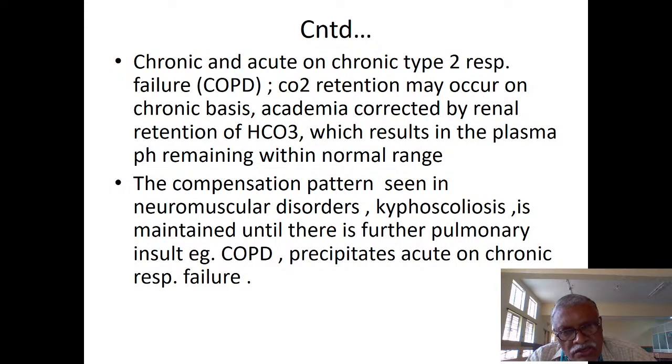The compensation pattern seen in neuromuscular disorders and kyphoscoliosis is maintained until there is further pulmonary insult. For example, COPD precipitates acute on chronic respiratory failure.